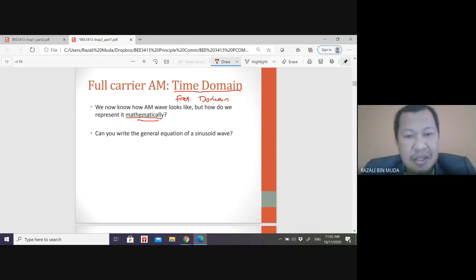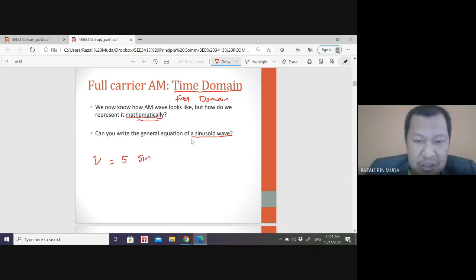Can you write the general equation of a sine wave? It is the common equation that you see in your electronic circuit class, V equal to 5 sine omega t.